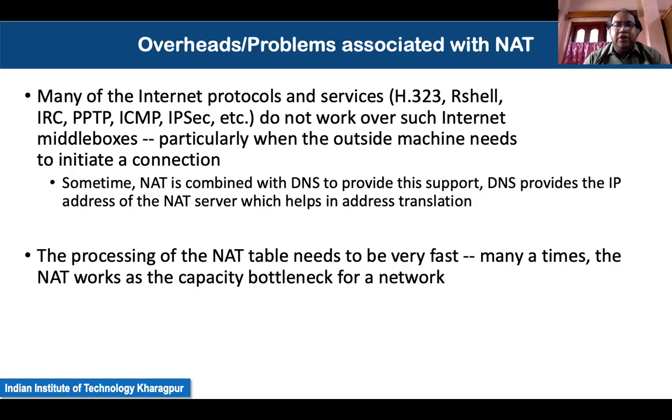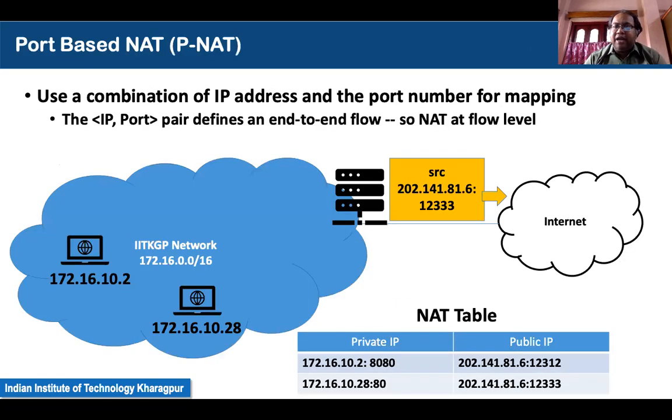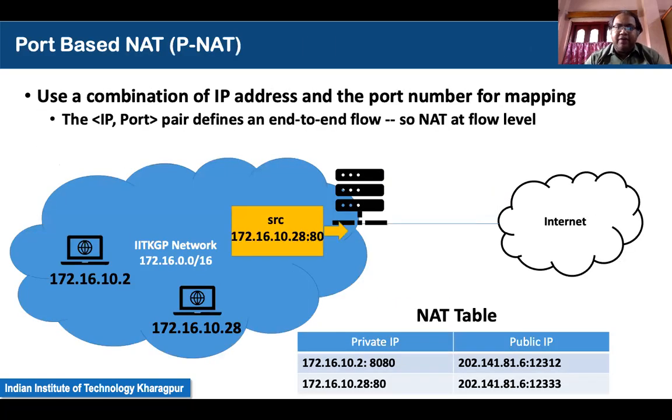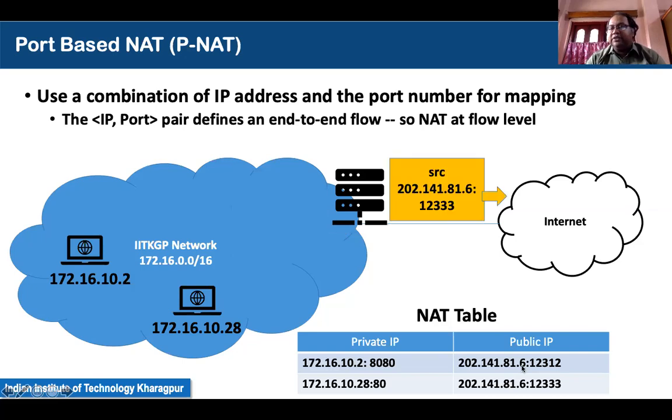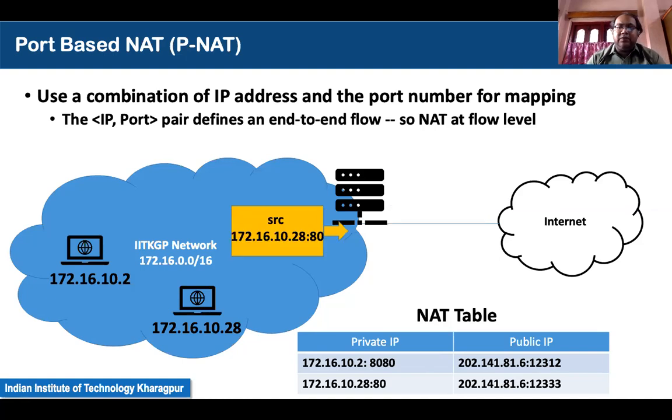So if you look into our concept of NAT, whenever the NAT receives a packet from a device inside the NATed network, that means inside the IIT Kharagpur network, the NAT makes an entry to its NAT table and sends the packet to the outside network. Now, if the outside network first wants to initiate a connection, it will not know what the public IP interface is.